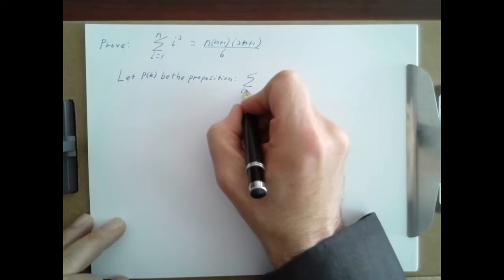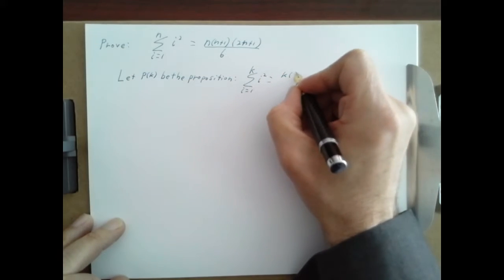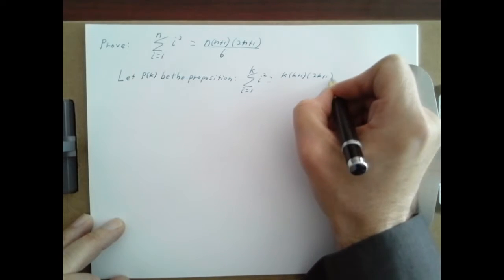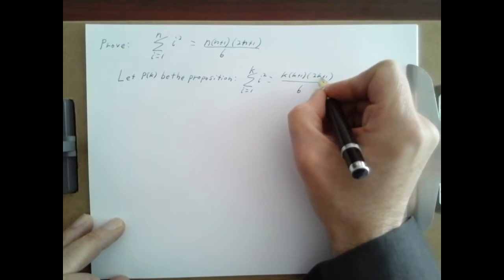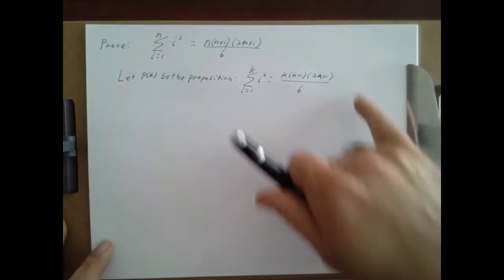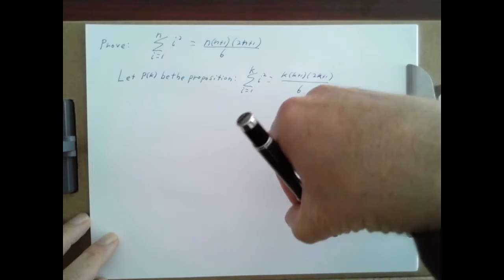Okay, good. All right, does that look like a good proposition? Should I say for all k bigger than or equal to 1? Oh, yeah, that was actually given too, so probably.